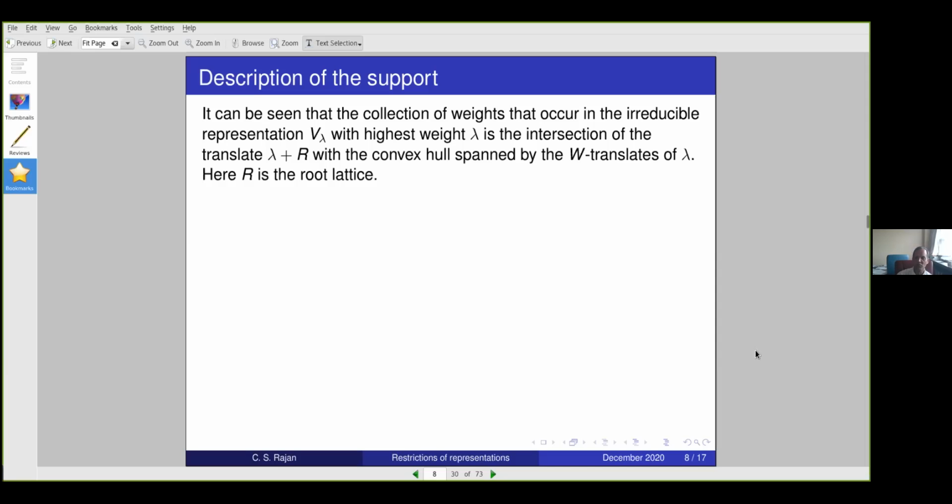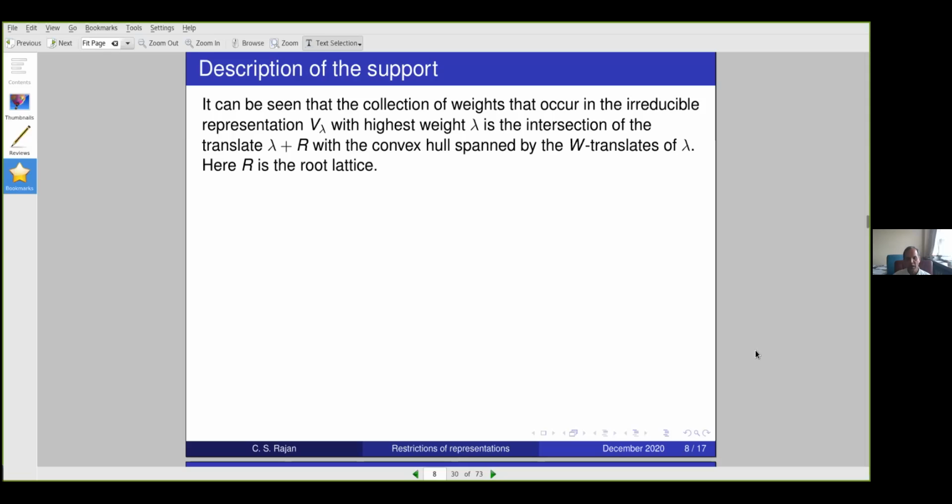So all the weights which occur in the restriction of V lambda are obtained by intersecting lambda plus the root lattice with the convex hull of W lambda.